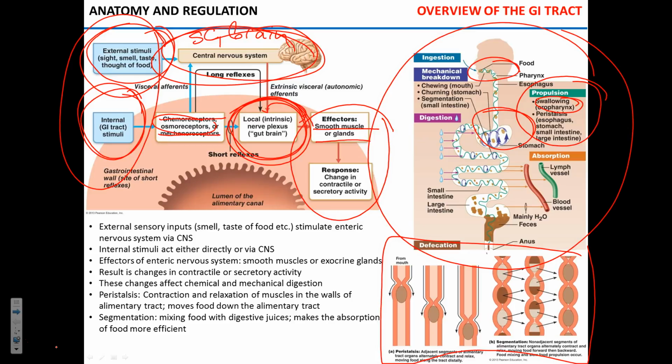Chemical digestion, hydrochloric acid, enzymes, and stuff like that. Mechanical. Have you seen the content of your stomach at least once in your life? It's still pretty discernible. You can say what you had just a meal before. Well, remnants of it. So this is pretty crude stuff.